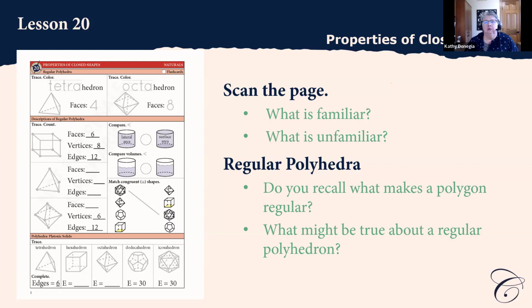Good. Now, of course, when we think about things in 3D, anything that's actually solid that we can see is actually going to be closed because it has some dimension in all of those dimensions.